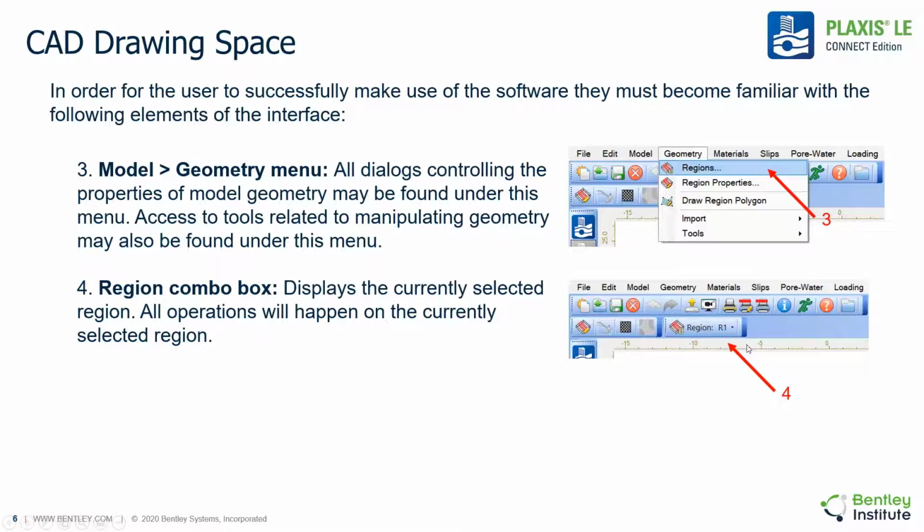Here there is also the region combo box that displays the currently selected region in the model. So you can have plenty of regions. We'll understand later what regions refer to, and all operations based on the regions will happen on the current one in place.